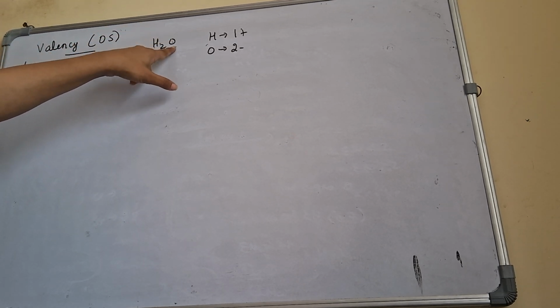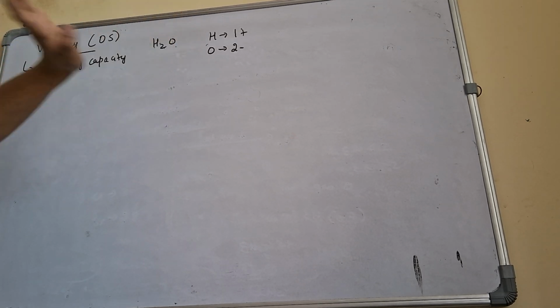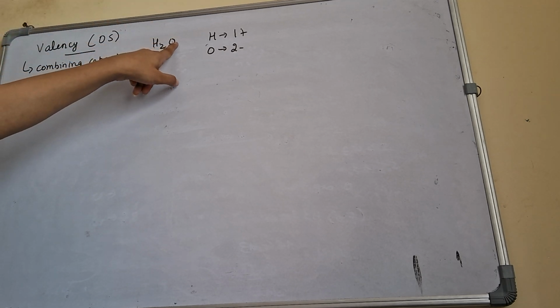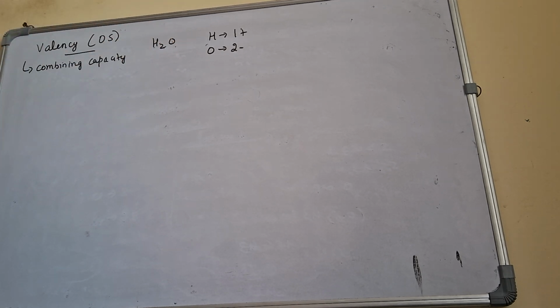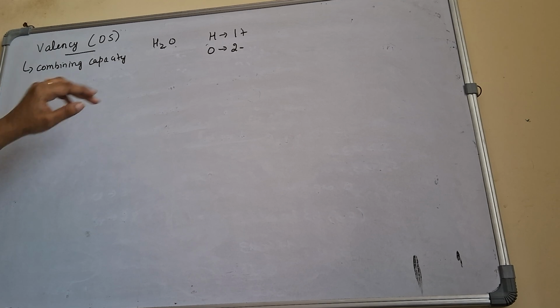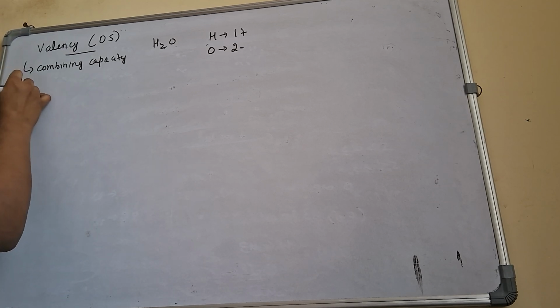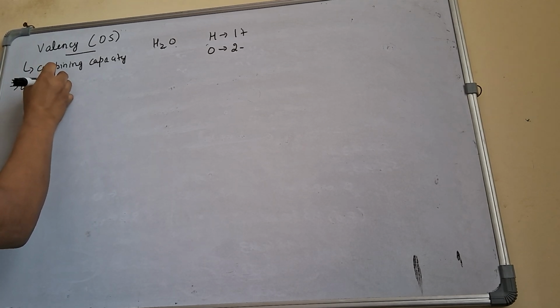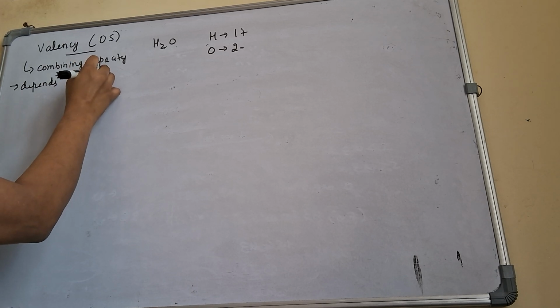Hydrogen is combining with only one oxygen atom, therefore its valency is 1. Whereas an oxygen atom is combining with 2 hydrogen atoms, that's why its valency is 2 minus. Minus and plus only talk about whether it has a tendency to lose or gain an electron. Now, what does valency depend on? It depends on the number of valence electrons.